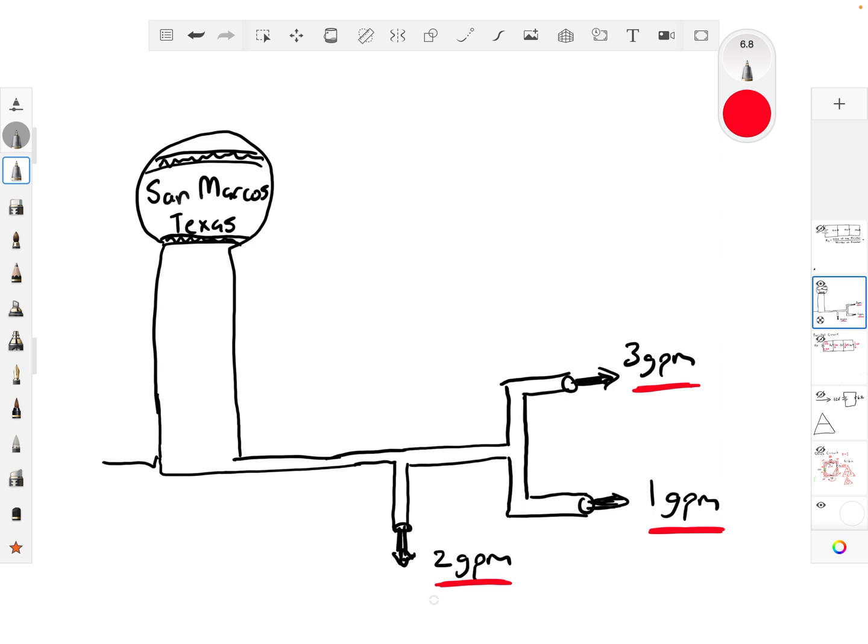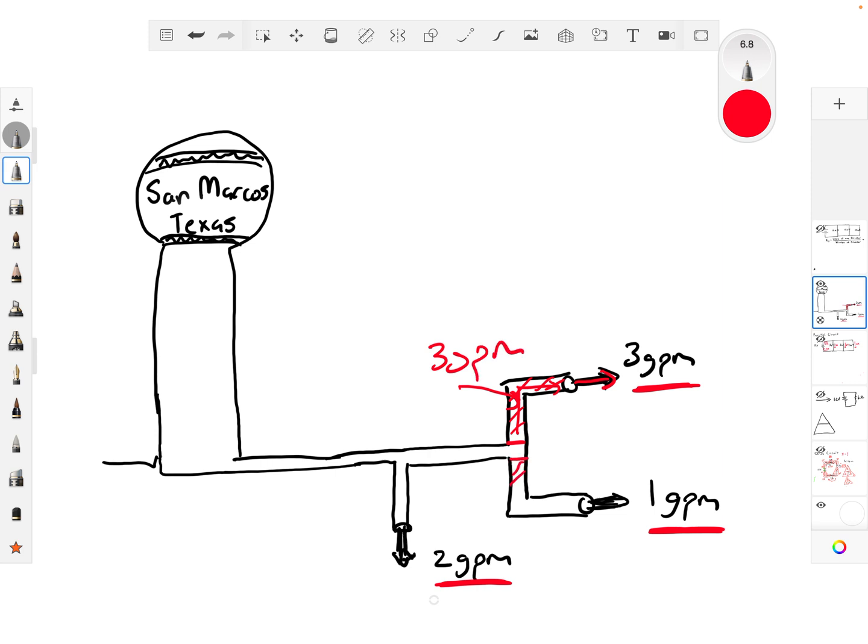All right, well, let's just take this first pipe right here. If there's 3 gallons per minute coming out of this pipe, then how many gallons per minute are flowing in this branch or this leg of the pipe, right? Well, mass can't just be created out of anywhere, right? So if there's 3 gallons per minute coming out, that means there's 3 gallons per minute in that pipe right there.